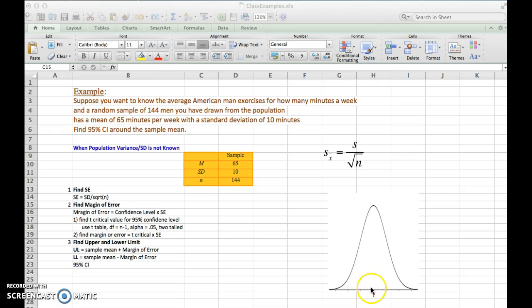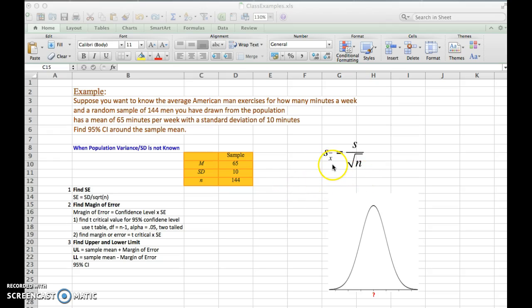The mean of the means will approximate the population mean, and the standard deviation of this distribution is the standard error, which we can estimate from the sample statistics using this formula.